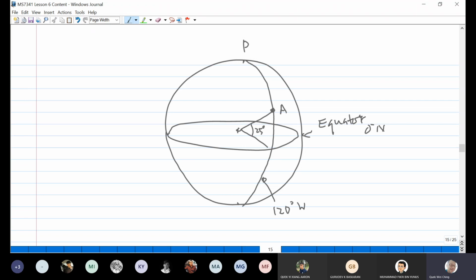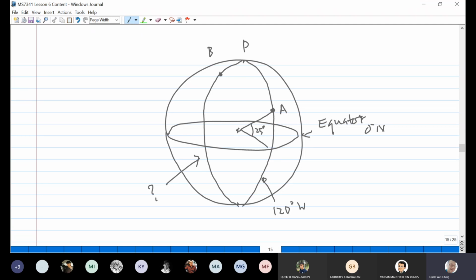The ship is moving toward west and north. So where is another point? There's another point B, somewhere high up, and this time we don't know it. We're going to find out.